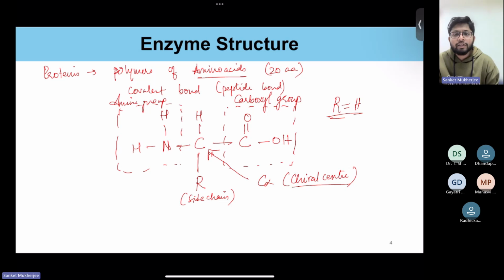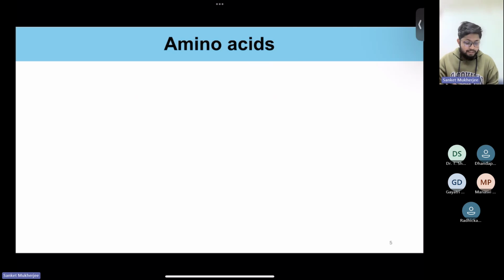So all amino acids are chiral except glycine, which is achiral. Because they have chirality, they can form enantiomers. Enantiomers are stereoisomers that are non-superimposable mirror images. I think you know all of this. Based on the R group, the amino acids can be classified.